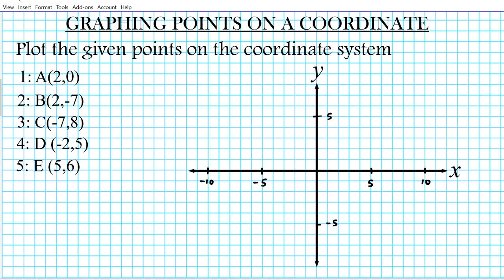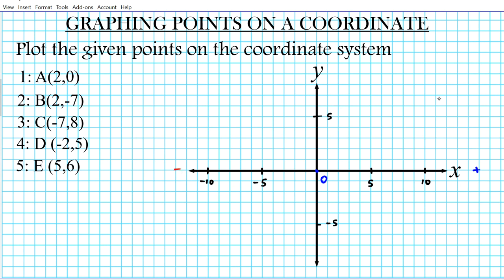If you're going to the right of the origin, so this point right here is known as the origin, the neutral point, it indicates no movement whatsoever. If you go in the right direction, that indicates a positive x direction, and if you go to the left, that's a negative x direction.